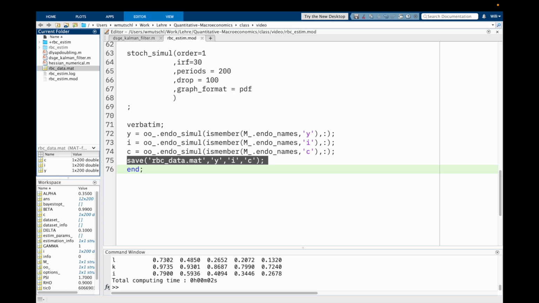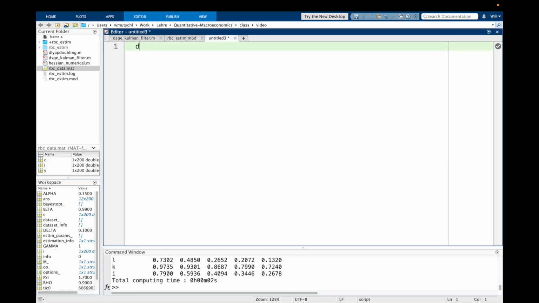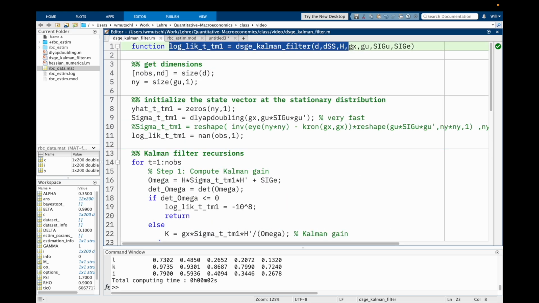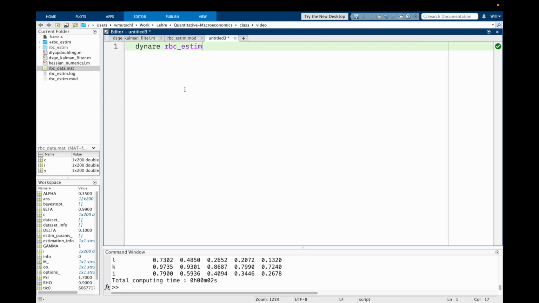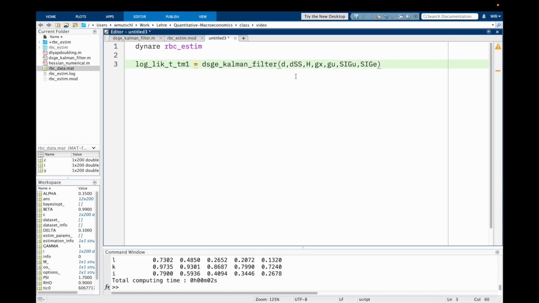Now let's see how we can test our function. Okay, so let me open up another script. Here I'm saying run the mod file, and then I want to evaluate my Kalman filtering function. So I need a couple of things. I need to get the data.